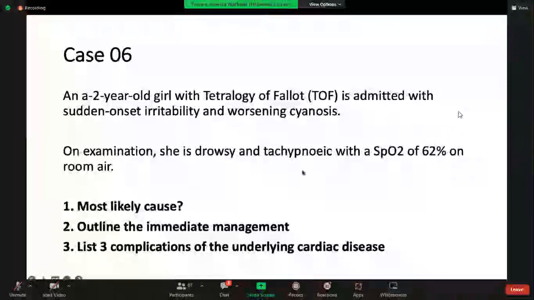A child with a cyanotic heart disease, tetralogy of Fallot, coming with deepening cyanosis with irritability, which was sudden in onset. And the saturation is very low, 62%. So what is the most likely cause for this presentation?